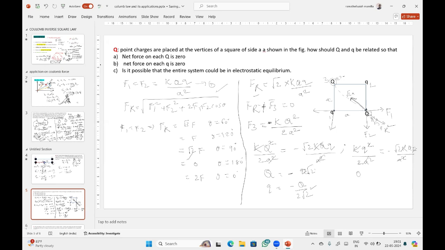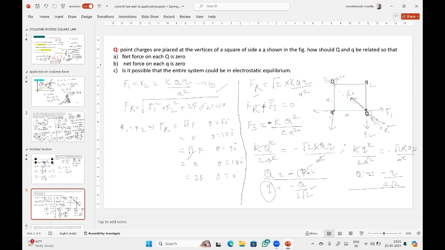Therefore, capital Q charge is equal to minus q by 2 root 2. So here capital Q is equal to minus q by 2 root 2, or small q is equal to root 2 times of minus capital Q. So then only the net force on each charge is 0.